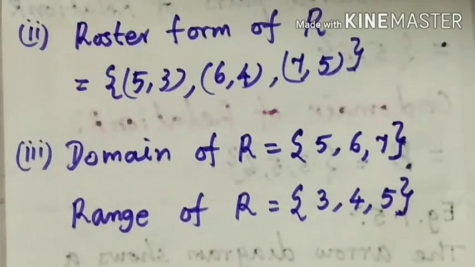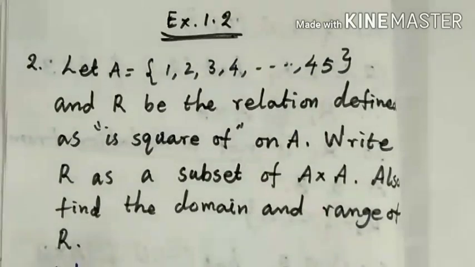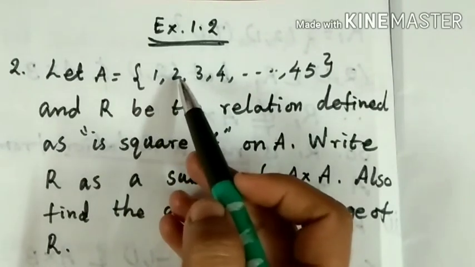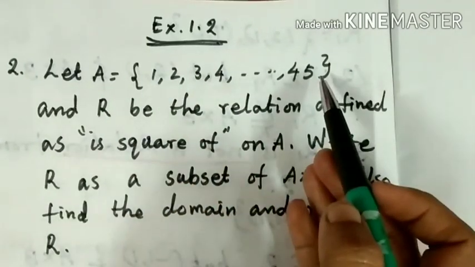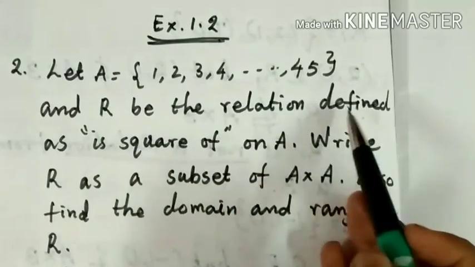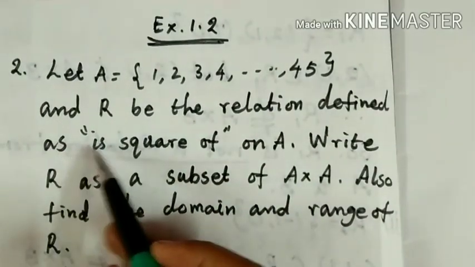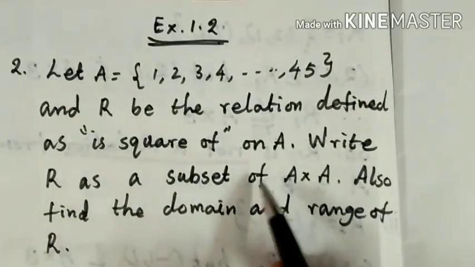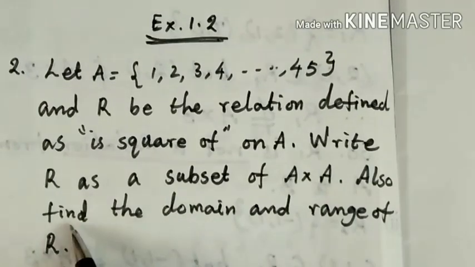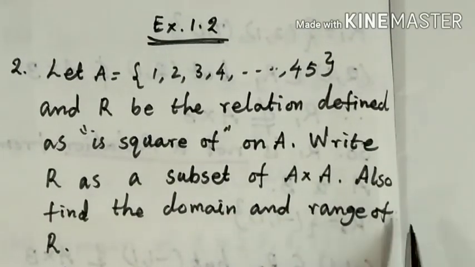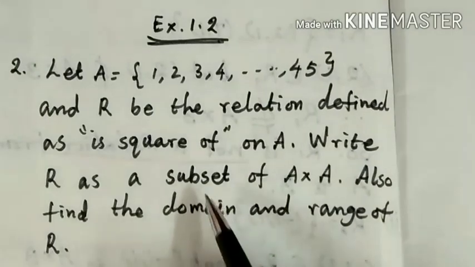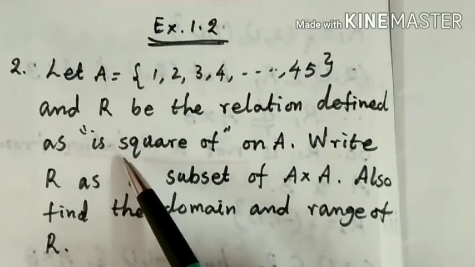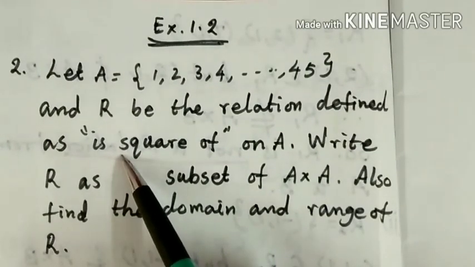Next we move on to the exercise. See the second sum. Let A = {1, 2, 3, 4, up to 45} and R be the relation defined as y is the square of x on A. Write R as a subset of A × A. Also find the domain and range of R. In this question, set A is given and the relation is defined.